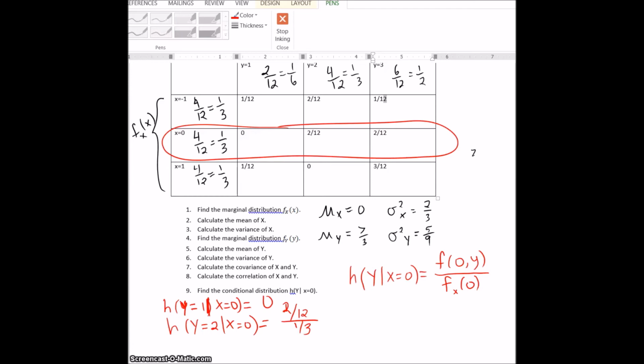And this means the probability that y is equal to 2 given that x is 0 is 1/2. And similarly, the probability that y is equal to 3 given that x is equal to 0 is going to be 2/12, the probability that x is 0 and y is 3, divided by 1/3, which again gives me 1/2. So this is my conditional distribution.